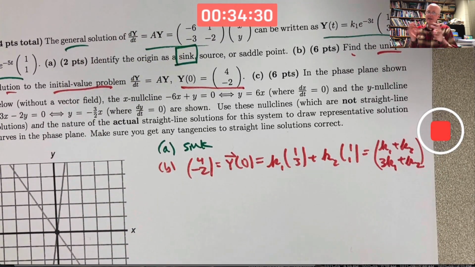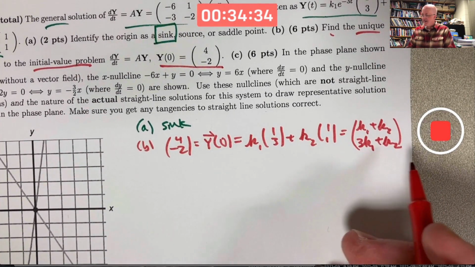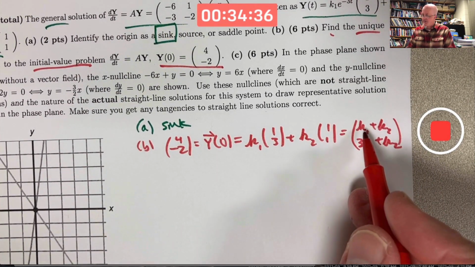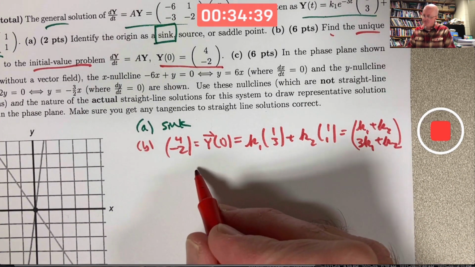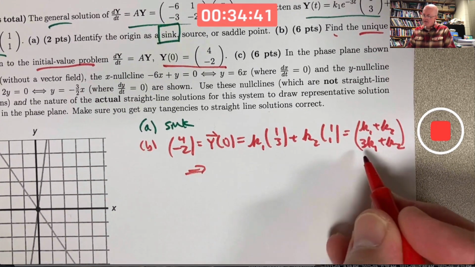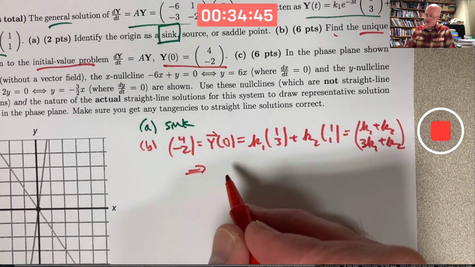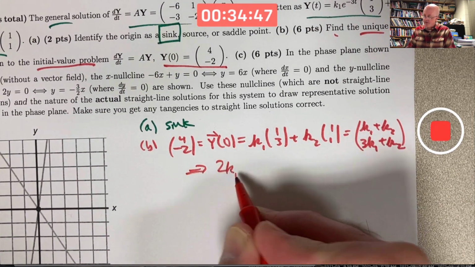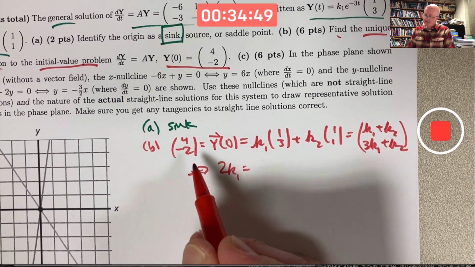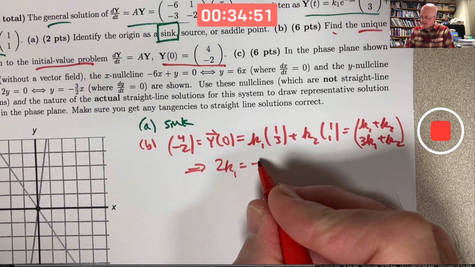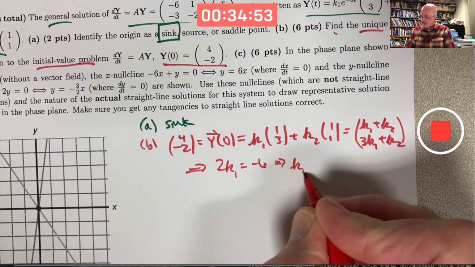You could make an augmented matrix, do row operations if you like, but you don't have to. I mean, it's fairly nice here. You could say subtract the first equation from the second equation. The k2s would cancel. 3k1 minus k1 is just 2k1. I'd have to do the same thing with the constants. -2 minus 4 is -6. So it looks like k1 is -3.